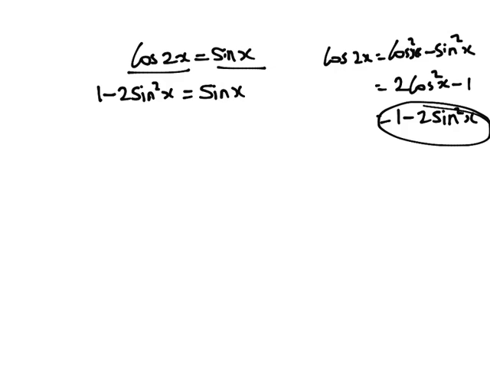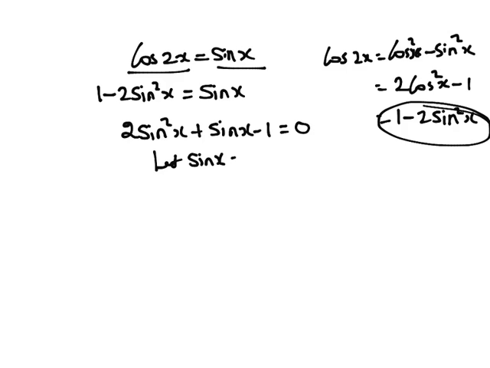So I will rearrange the terms. You'll get 2 sin squared x plus sin x minus 1 equal to 0. Now you can see you get a quadratic equation in sin x. So I'll let sin x equal to a. You'll get 2a squared plus a minus 1 equal to 0.